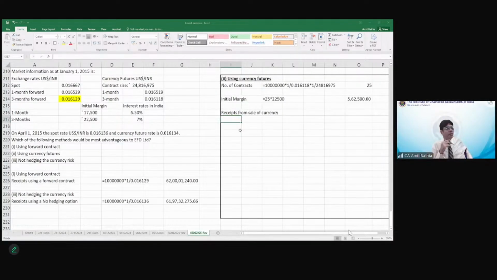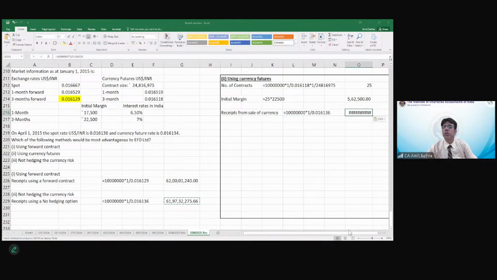Do you recall from the previous question as well? This value is generally very similar to the no hedging figure. Same as no hedging, exactly. Right? It will be this amount over here. Is it still visible to everyone?